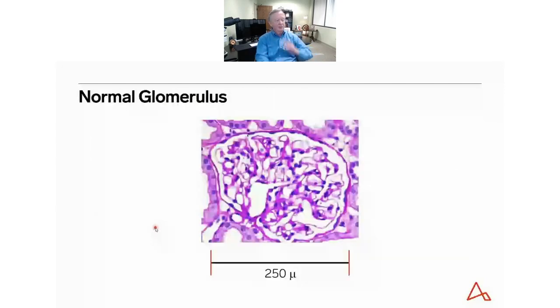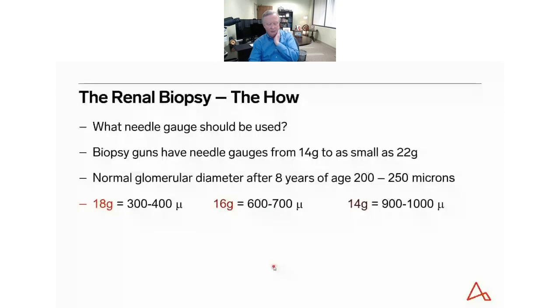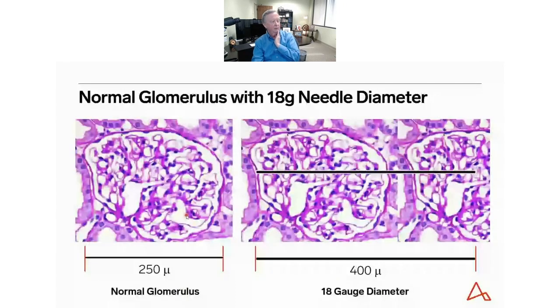But what you have to understand is the normal diameter of a glomerulus is 225 to 250 microns. 250 microns. Look at that 18 gauge. Well, let's look at it visually.